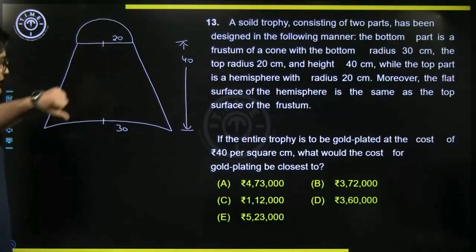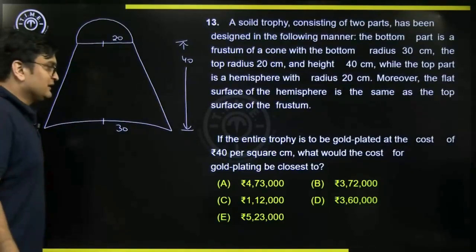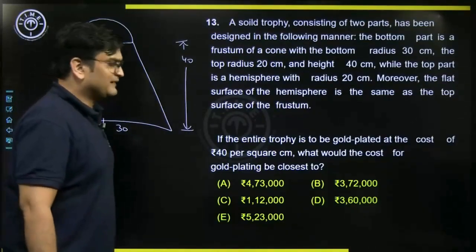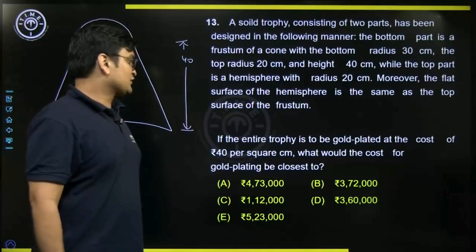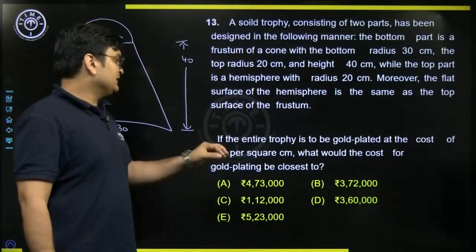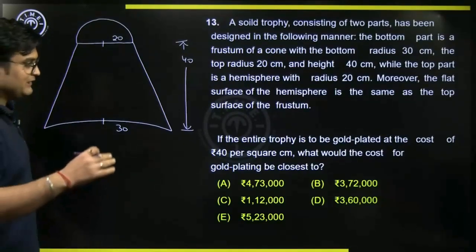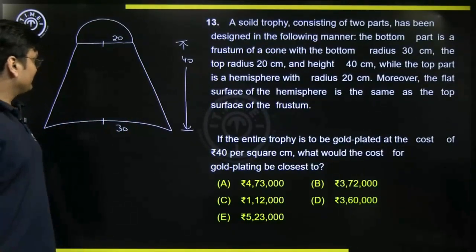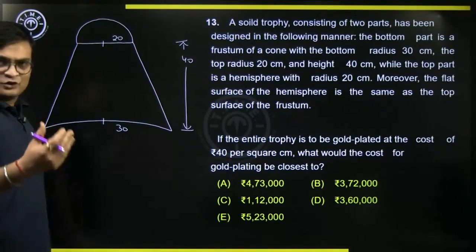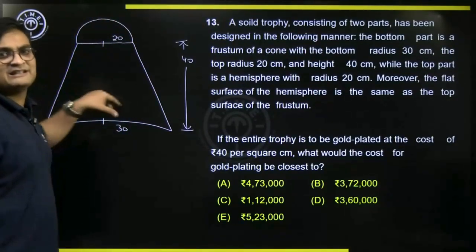If the entire trophy is to be gold plated at a cost of 40 rupees per square centimeter, what would the cost for gold plating be, closest to, of the given options? So for finding out the cost for gold plating, we need to find out what's the total surface area first.